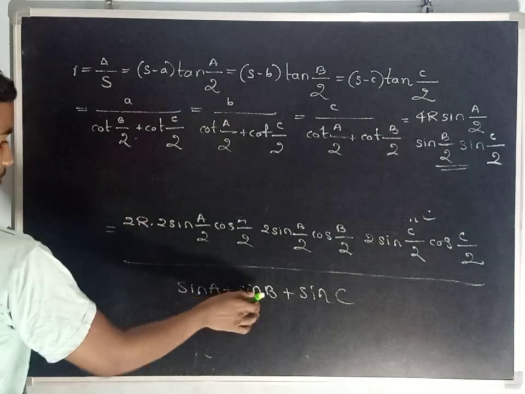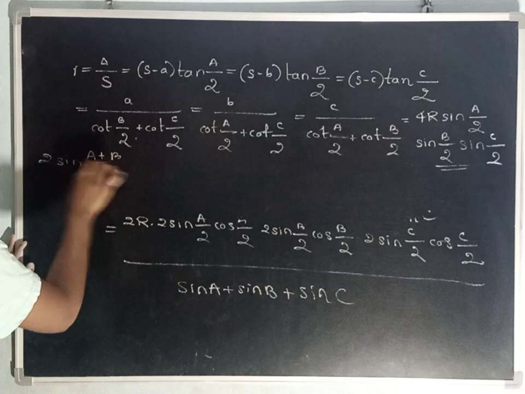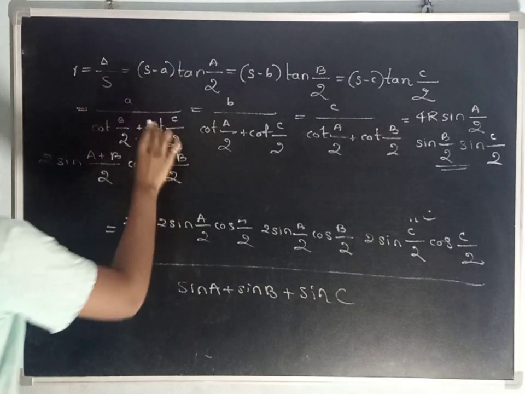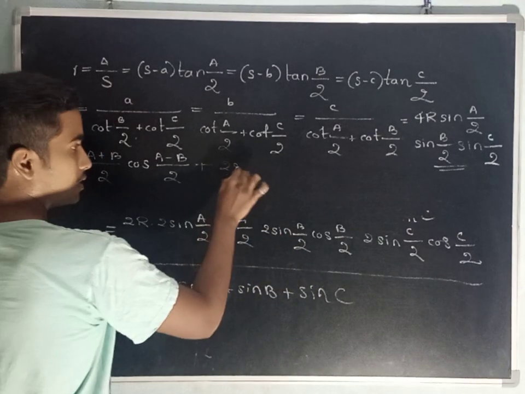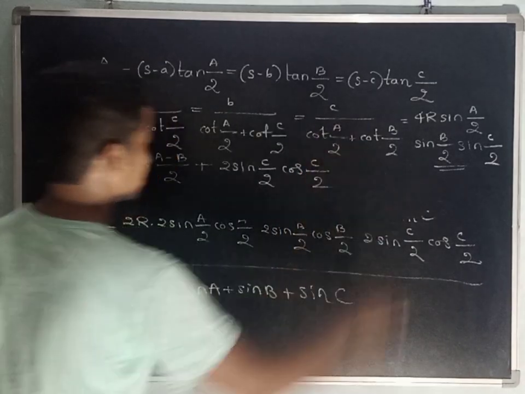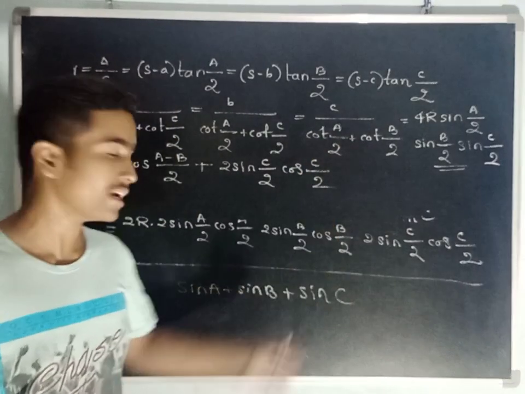Sin A plus sin B is nothing but 2 sin A plus B by 2 cos A minus B by 2. Right? Sin C can be written as 2 sin C by 2 cos C by 2. Sin of A plus B by 2 is nothing but cos C by 2. Right?